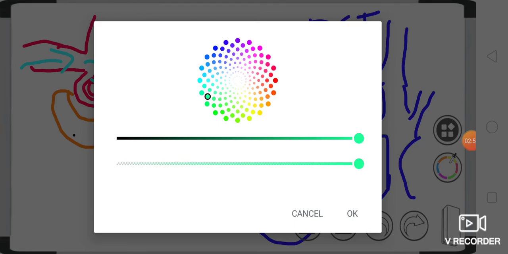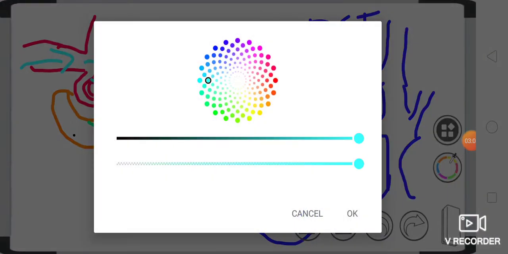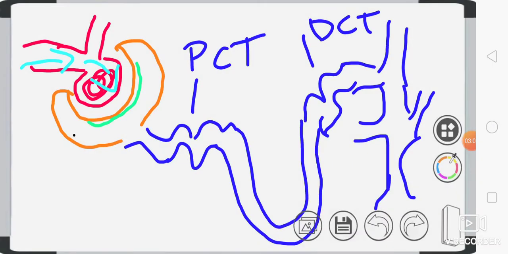Now this part is very porous, so after the liquid has been filtered here, the filtrate which is produced, the liquid particles, are going to come through these porous areas and enter into the PCT. So here the first step of filtration has taken place.